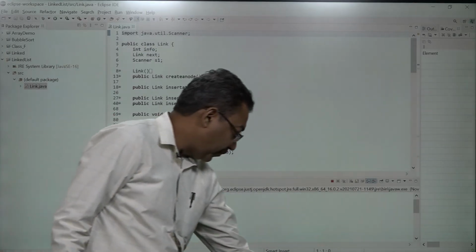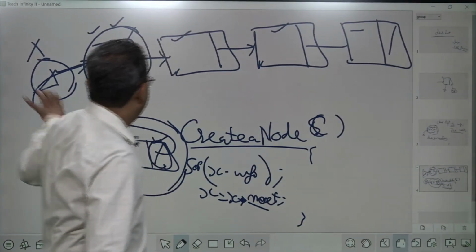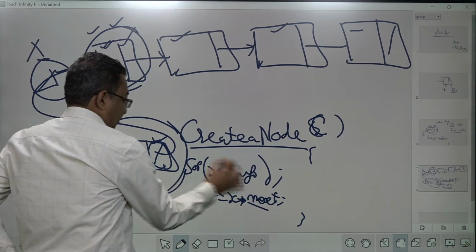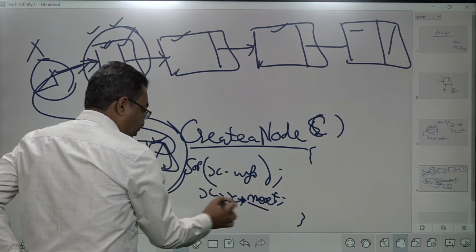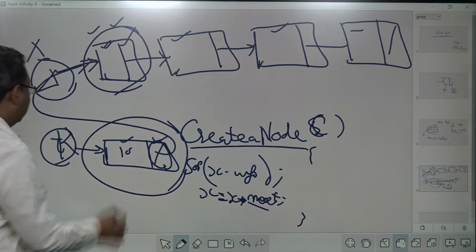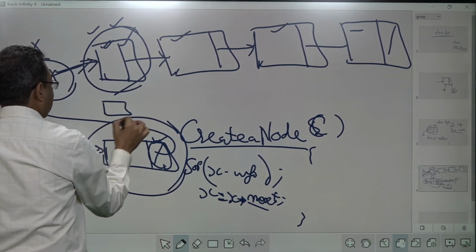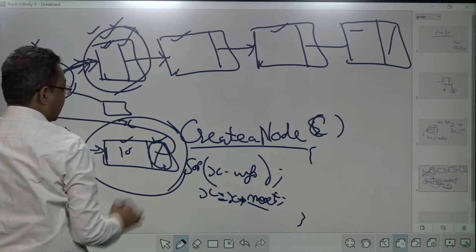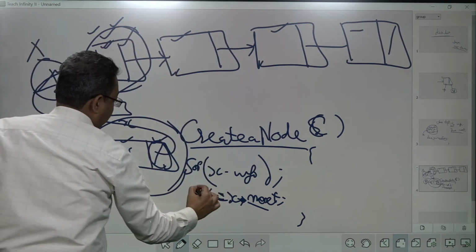So in case I want to display this list, what must I go for? System dot println X dot info, and then X must be initialized with X dot next. So what will be the case? X is something like this. X will contain this reference. You are displaying this. Then using this, what are you doing?